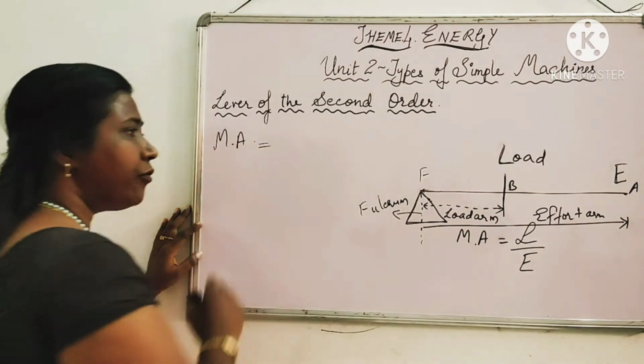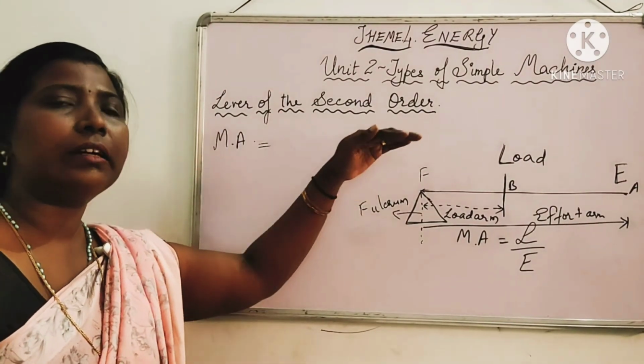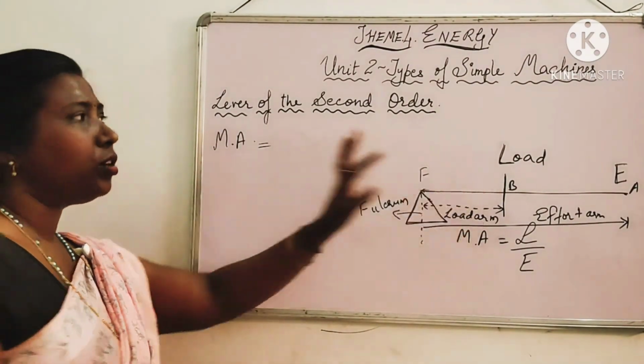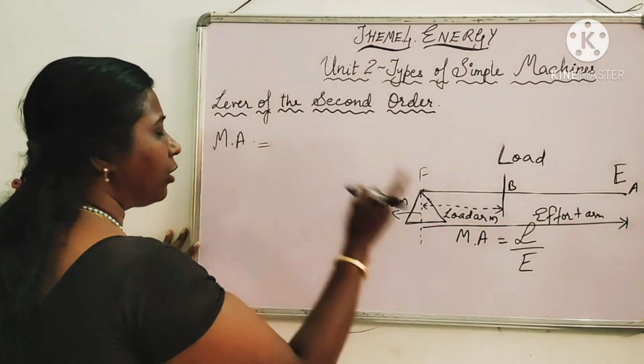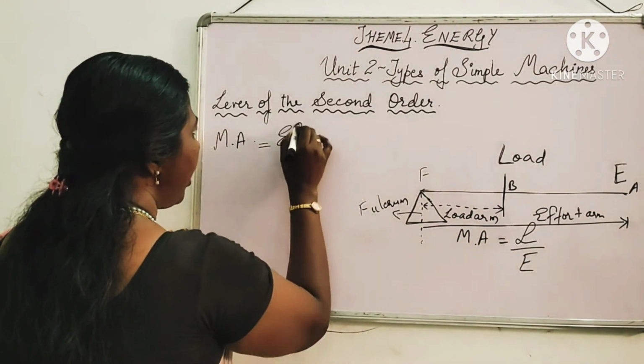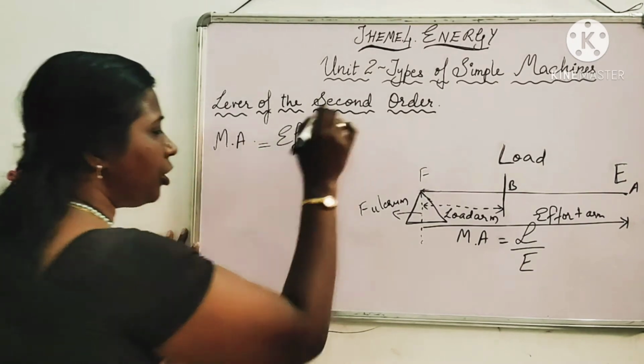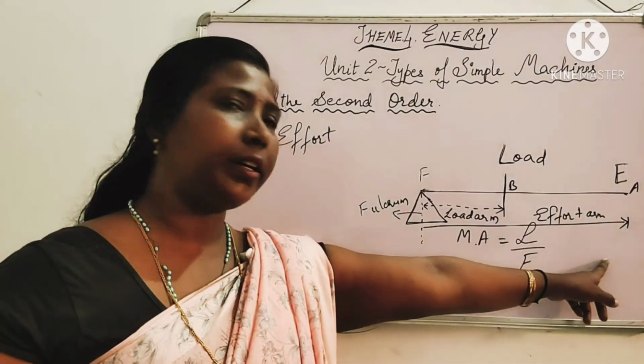So we have to calculate the distance. If you are calculating the distance, it will become effort arm upon load arm, because by seeing only you can understand the effort arm is greater here.